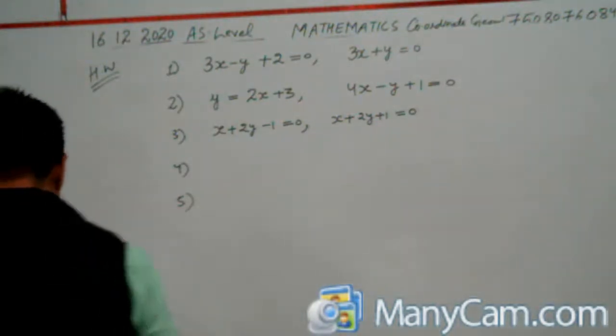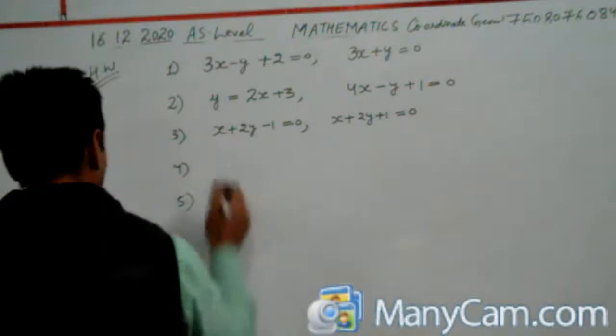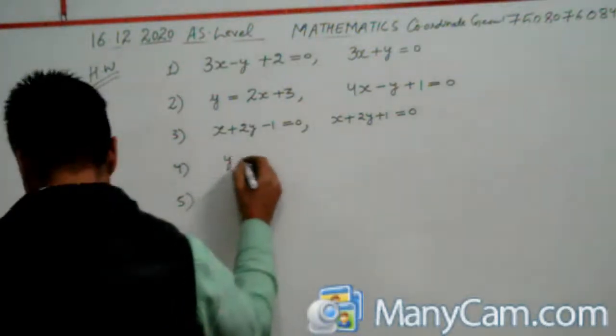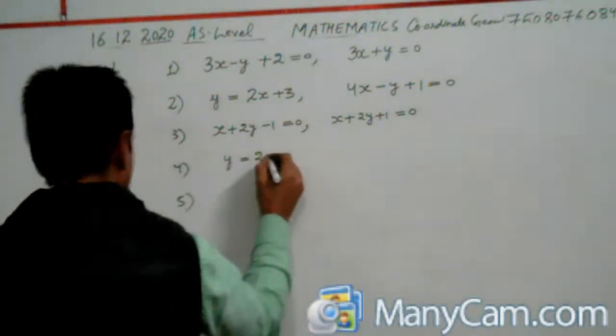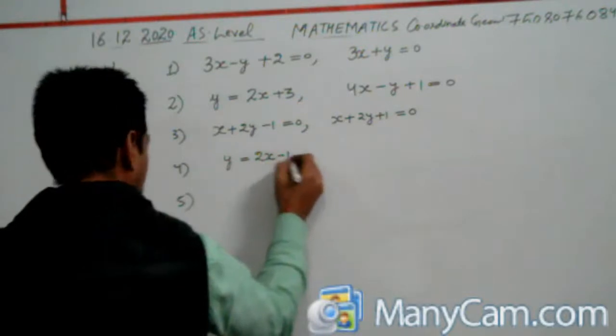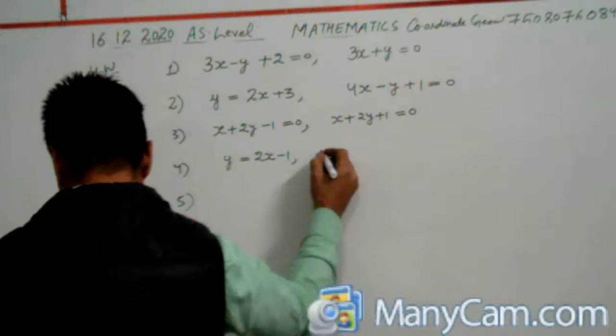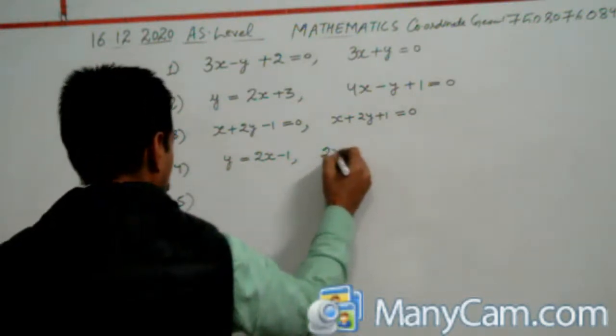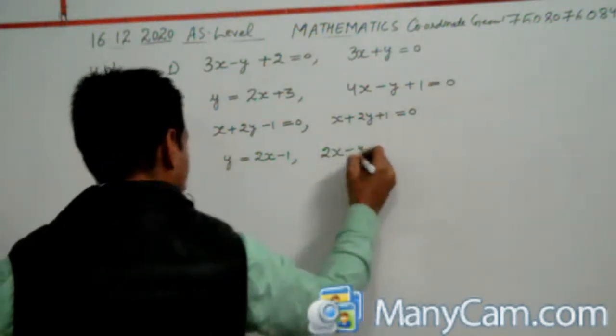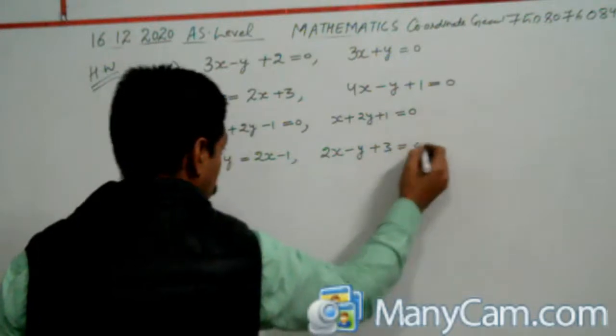Same, you have one is y is equal to 2x minus 1, another is 2x minus y plus 3 is equal to 0.